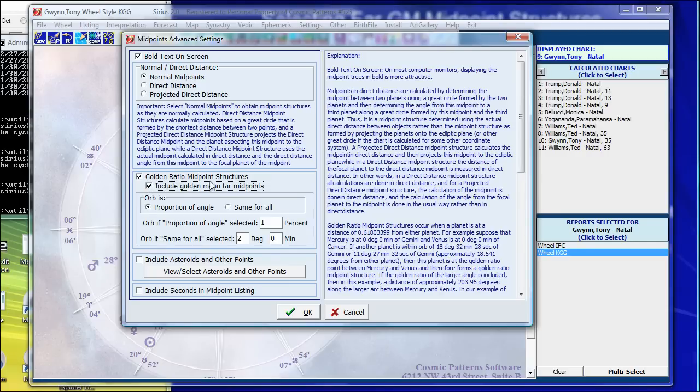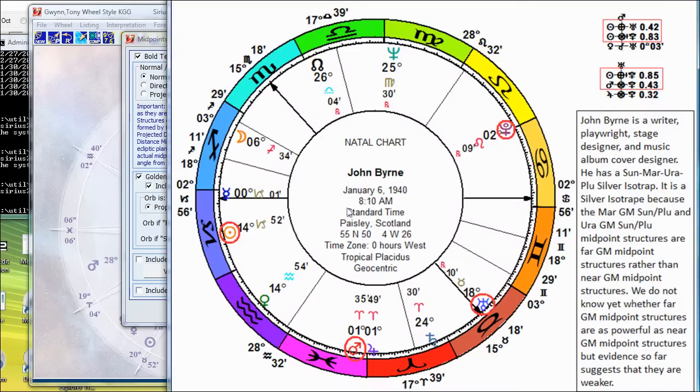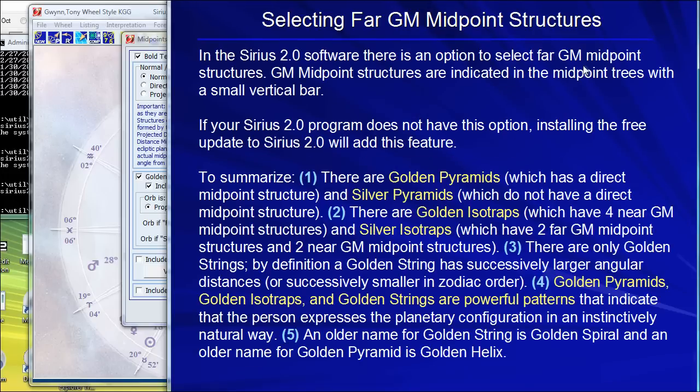But this will give you the far midpoint structures, and the far midpoint structure, as I just explained, is indicated by a little vertical bar in the midpoint structure. This little vertical bar to the right of the wheel thing means it's a far midpoint structure. You'll only see those if you select that option.